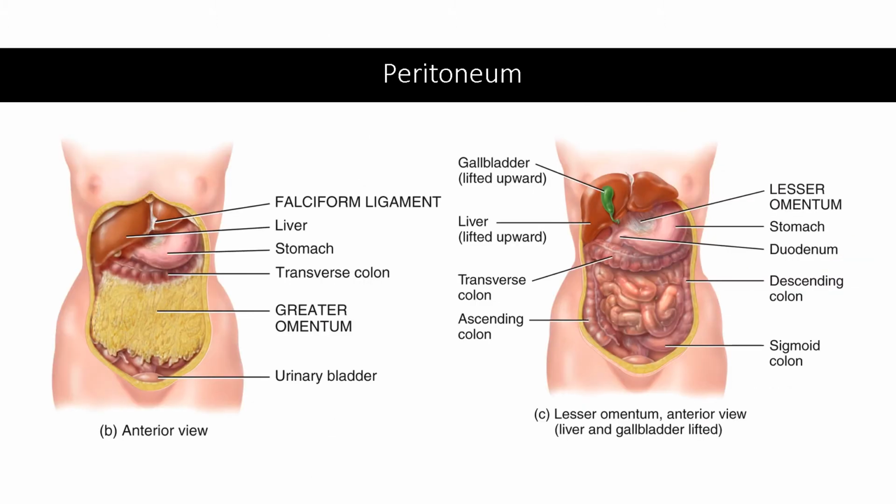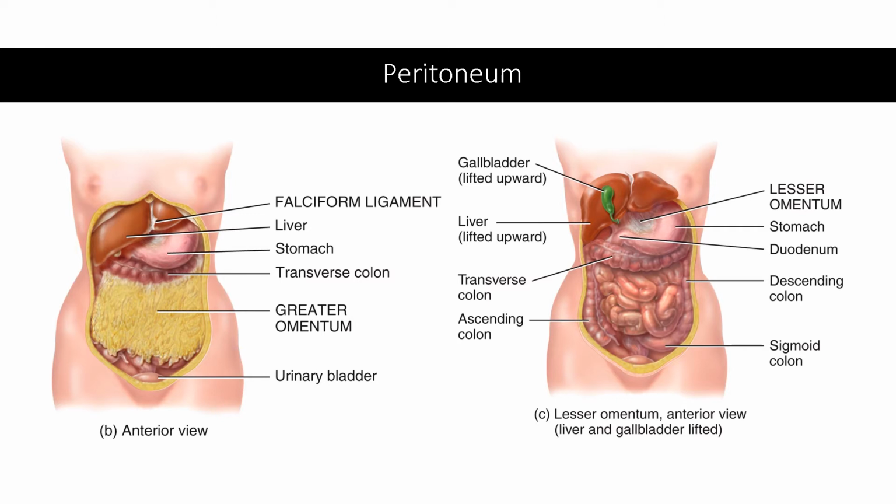Now, unlike the pericardium and the pleura, which very smoothly cover the heart and the lungs, the peritoneum contains large folds which will weave between the viscera. Now there are 5 major peritoneal folds.